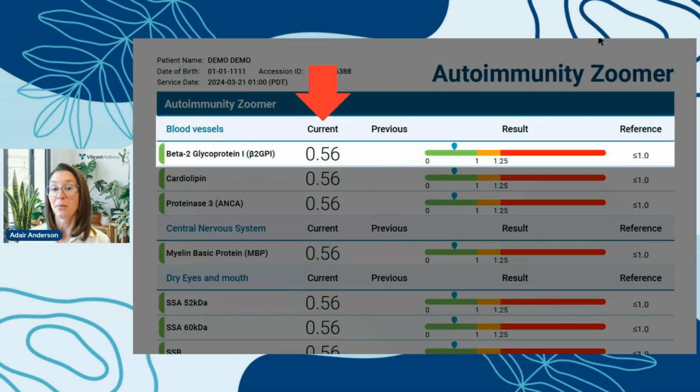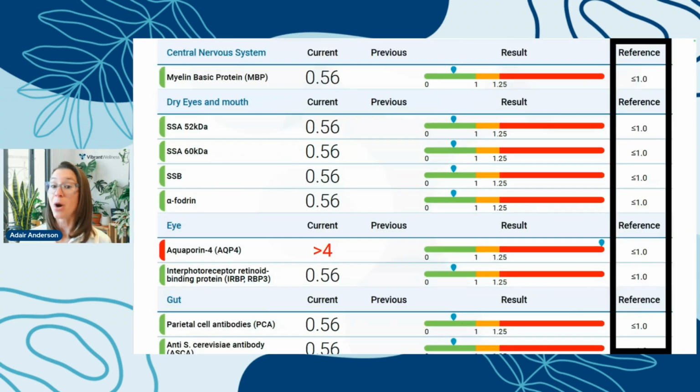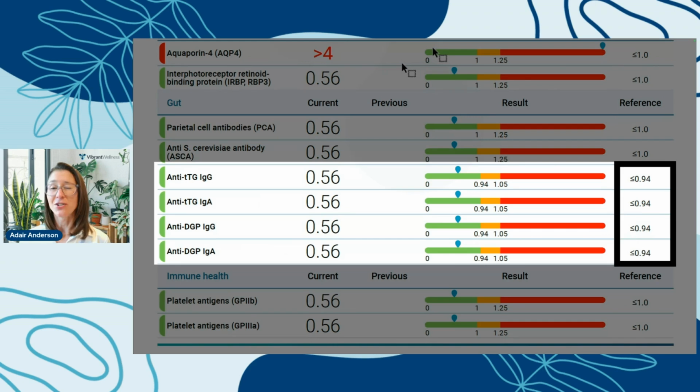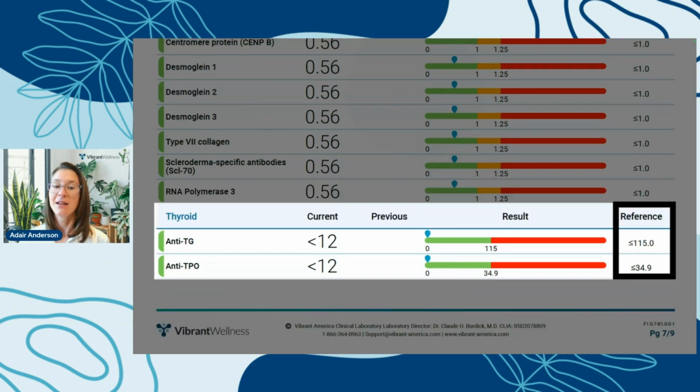Just like the Lyme Autoimmunity test, results are reported as both a number and plotted graphically so you can visually see how high or low your patient's results are. The reference range for most Autoimmunity Zoomer analytes indicates normal antibody levels are less than or equal to 1.0. However, some antigens have a lower reference range, as is the case for tissue transglutaminase and deamidated gliadin peptide.